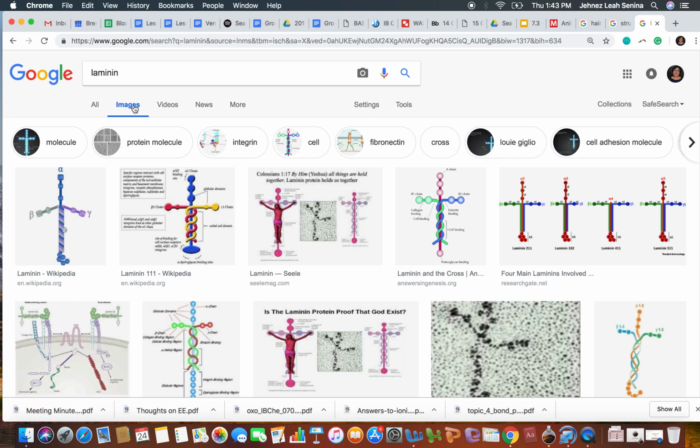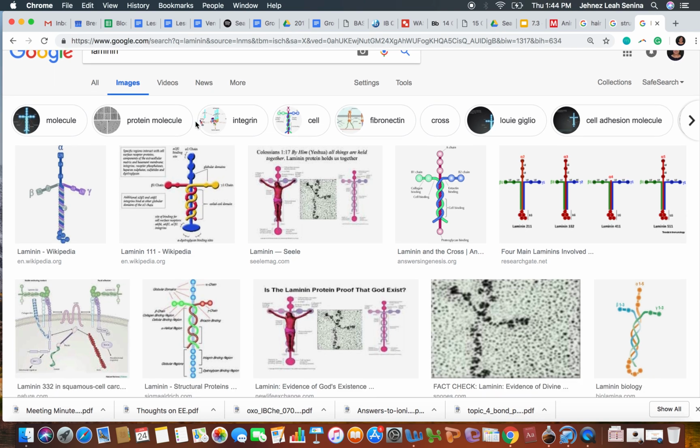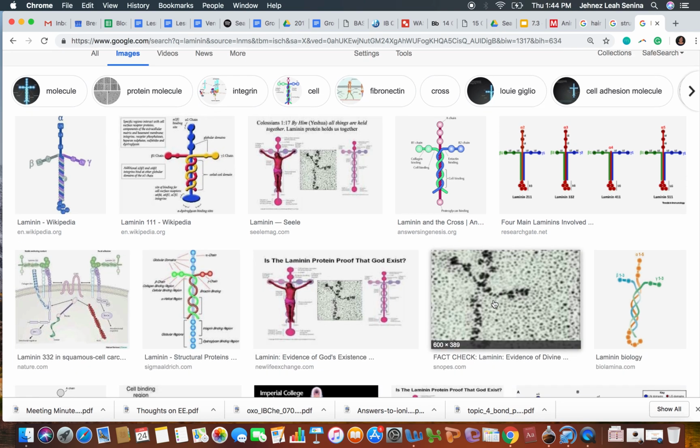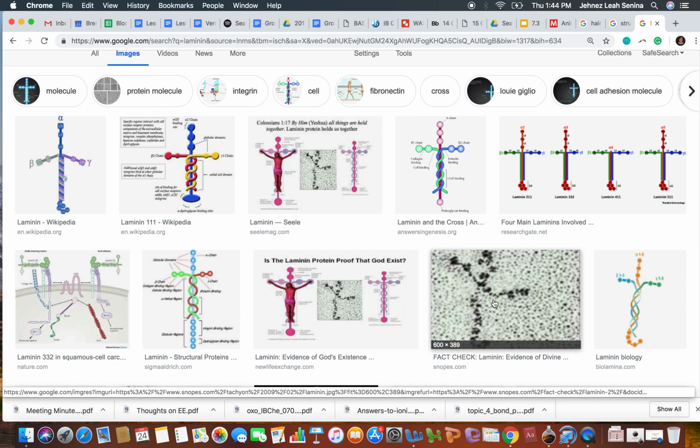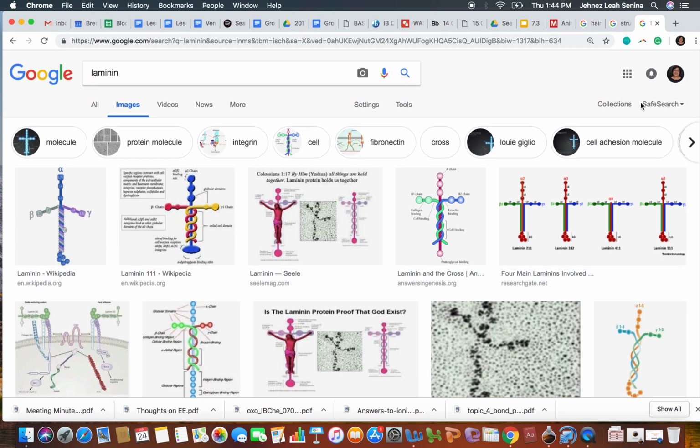And laminin is a membrane protein that is responsible for cell adhesion. So how can cells stick together? They have laminin. Wow. Another cross. Maybe the DNA is cross-shaped too. This one is the electron micrograph of laminin. Kind of looks like an X. Kind of looks like a cross.